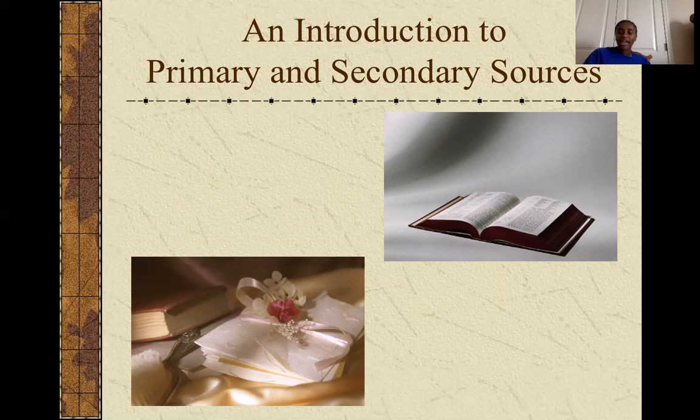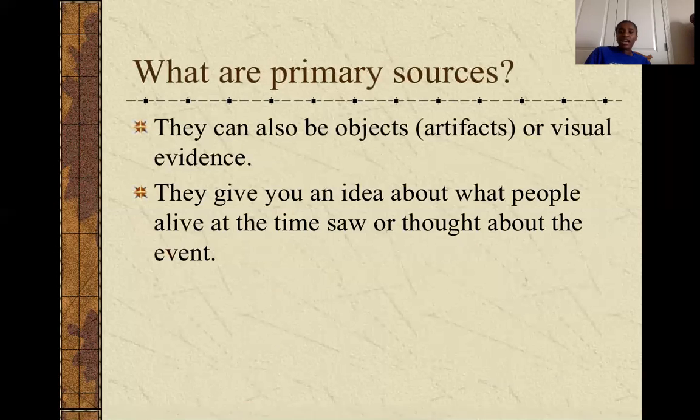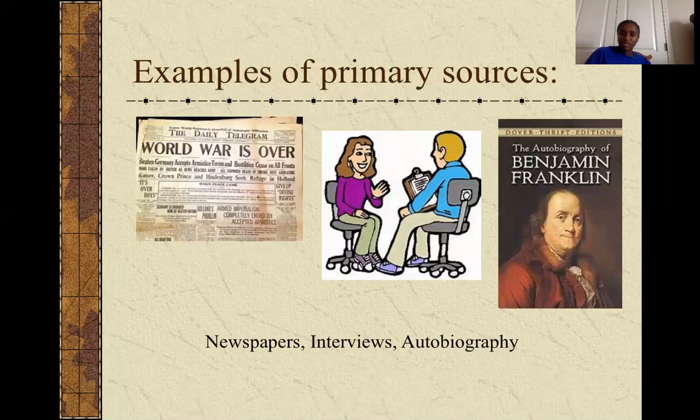So let's say I am writing a book report, or I'm writing a story, I'm writing something about Benjamin Franklin, right? So I want to use as many primary sources as I can, because I know Miss Matthews told me that primary sources are better than secondary sources.